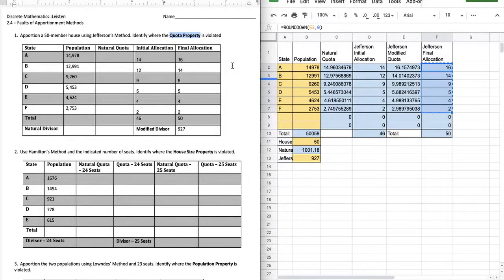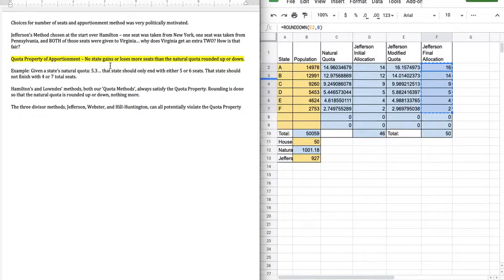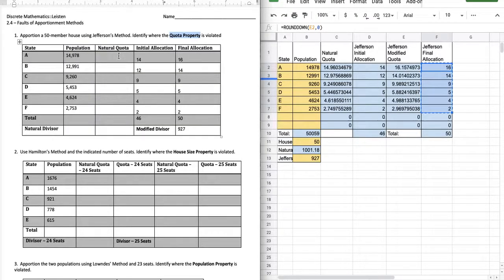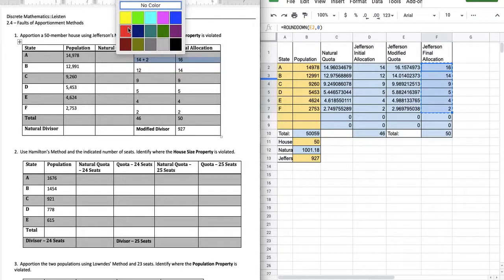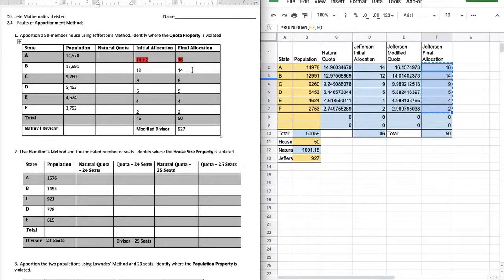Going back to my notes, the quota property, no state gains or loses more seats than the natural quota rounded up or rounded down. So our natural quota rounded down was 14. Oh, this state gained 2. That's a violation. So it was at 14, it went up to 16. They gained 2.